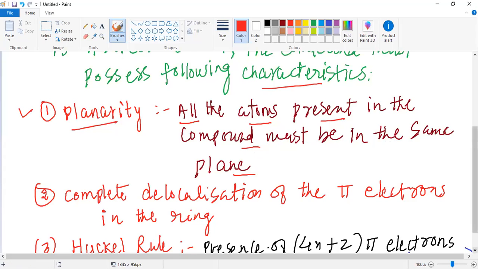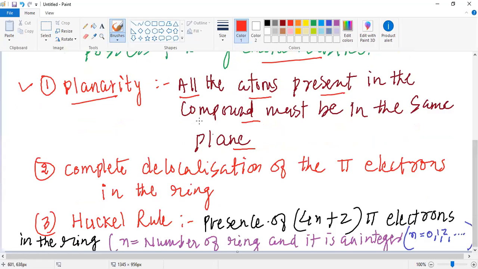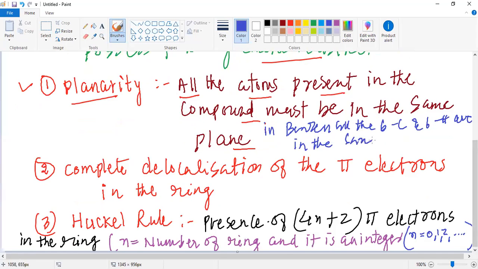So this is how, my dear students, we realize that in benzene, all the 6 carbon and 6 hydrogen are in the same plane.